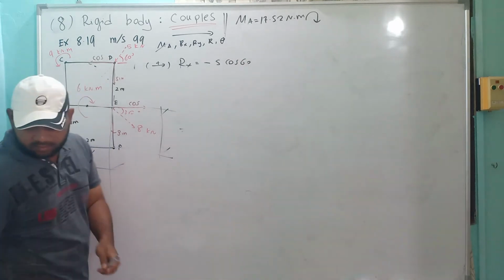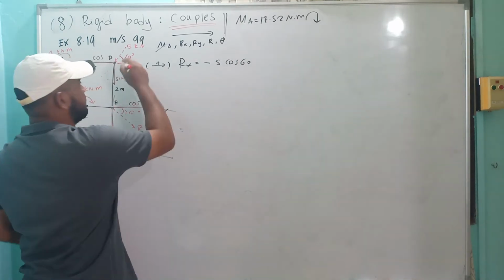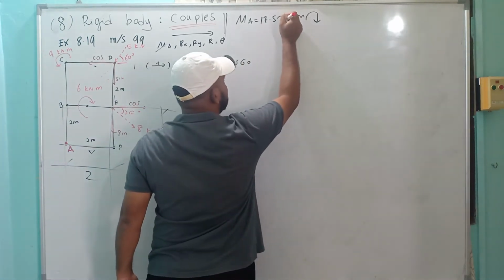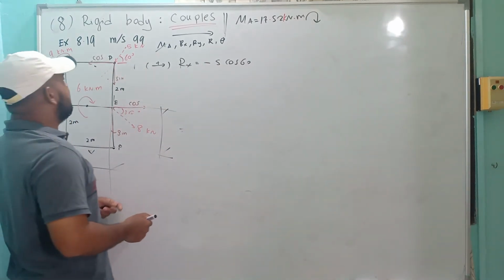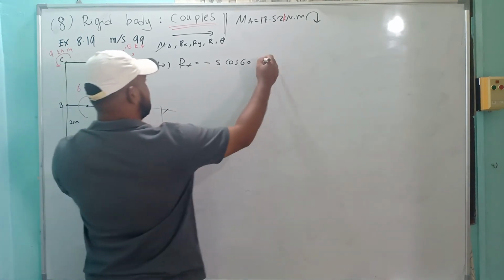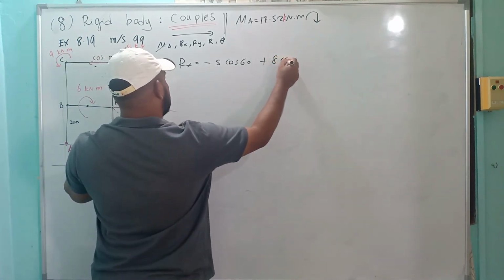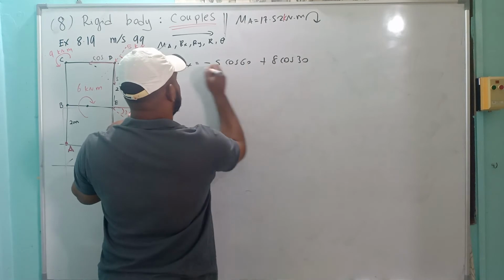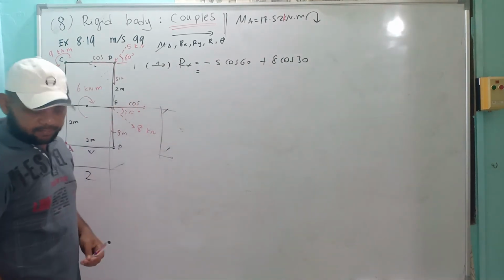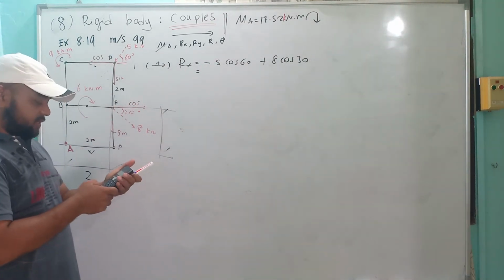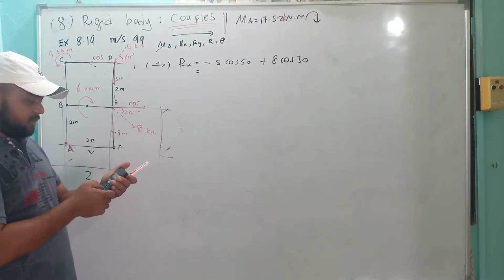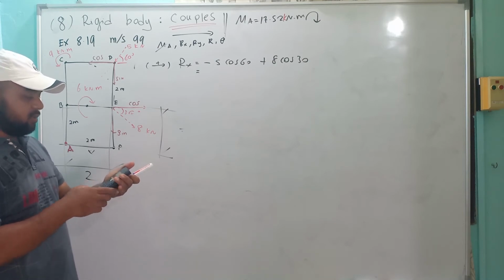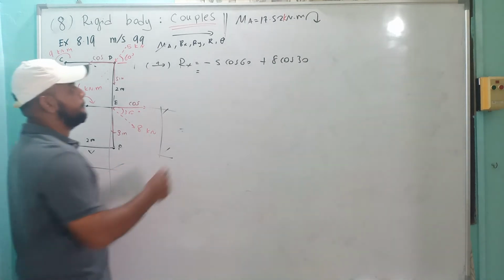Of course, before I forget, everything is in kilonewton. 5 cos 60, this one is to the right, so plus 8 cos 30. You should have minus 5 cos 60 plus 8 cos 30 equal to 4.43 kilonewton.